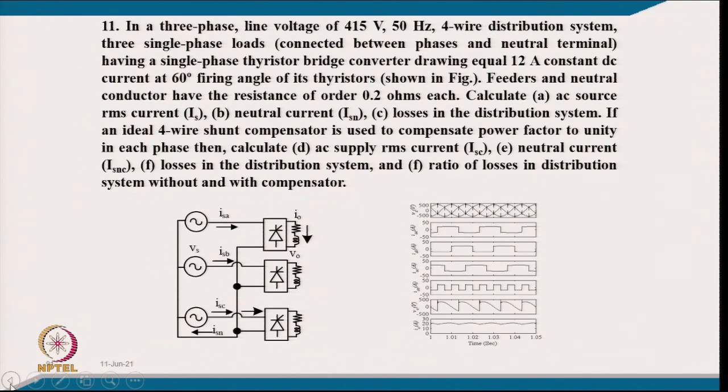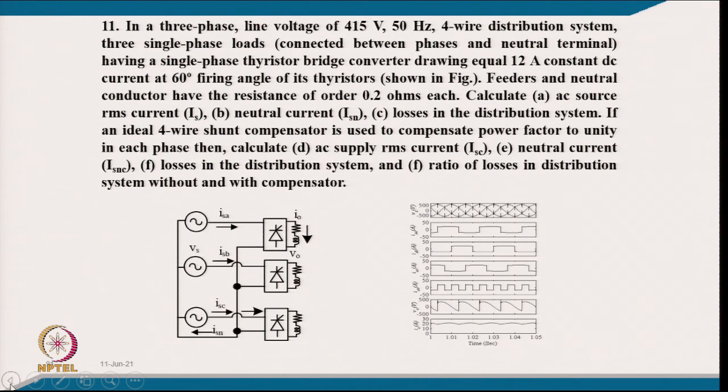Yeah, coming to another example, in a 3-phase system, the line voltage of 415 volt 50 Hz 4 wire distribution system, 3 single phase loads connected between phase and neutral, as you see in this figure, having a single phase thyristor bridge converter drawing an equal constant DC current of 12 ampere at 60 degree firing angle of its thyristors, shown here in the figure, and feeders and neutral conductor have a resistance of 0.2 ohms each.